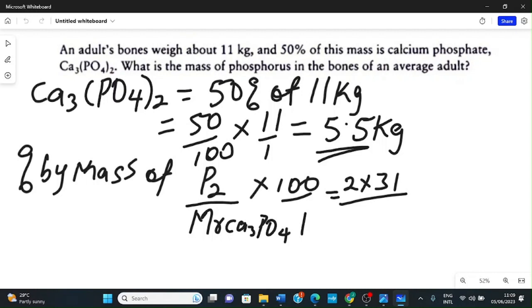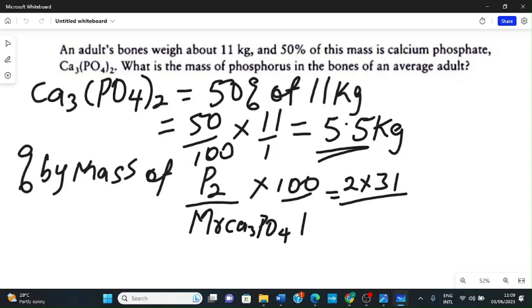40 times 3, which is 120, plus phosphorus, 31 times 2, plus 62.